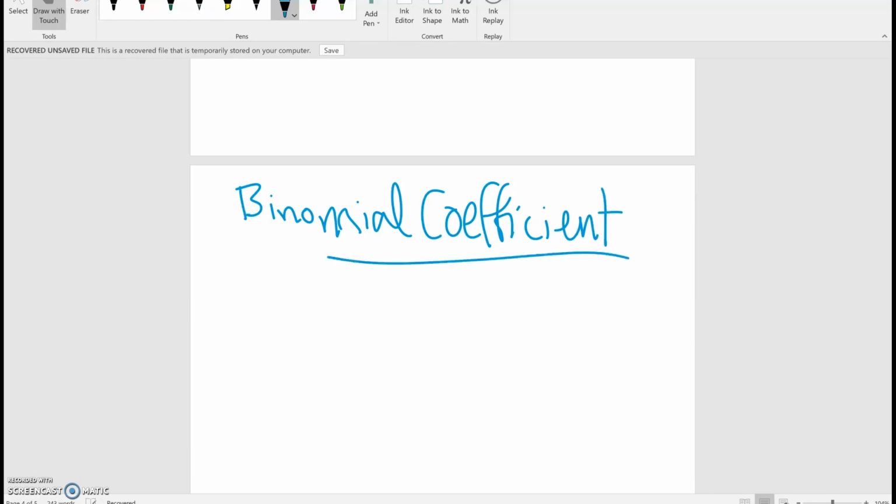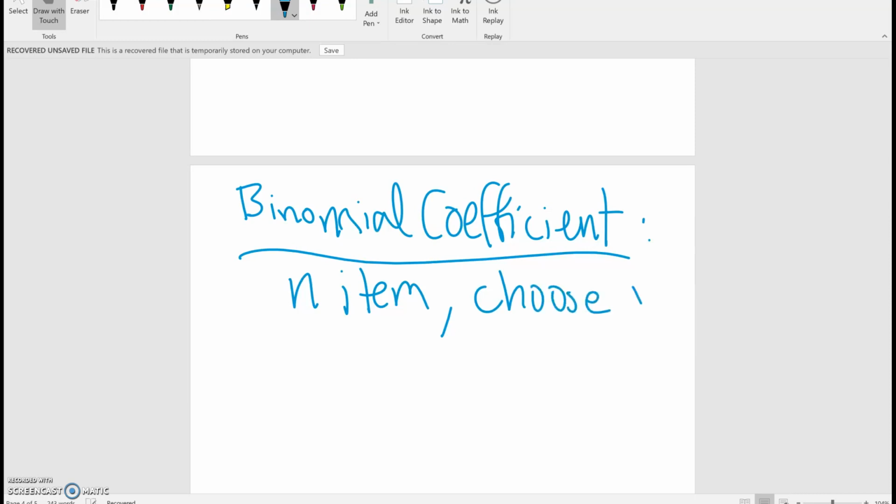And what the binomial coefficient basically is: if I have n items, and from n items I want to choose X amount of units. So for example, in this case, I had 4 kittens and I wanted to choose 2. Well, the way that we would write this is n choose X. That's how we write it.